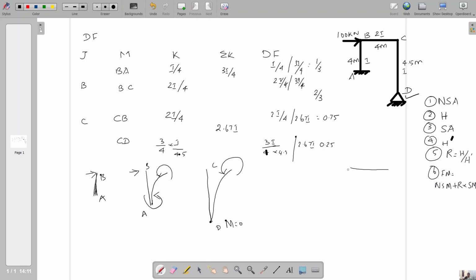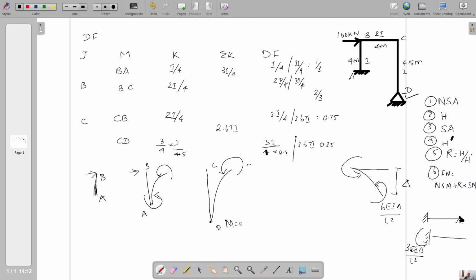For support settlement problems, we know that if delta amount settles, then the moment created is 6EI delta by L square, where both ends are fixed. If one end is fixed and the other end is hinged, then the moment created is 3EI delta by L square.